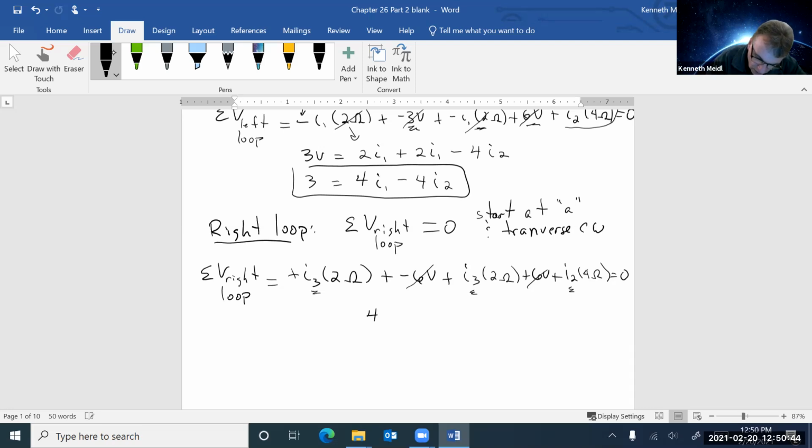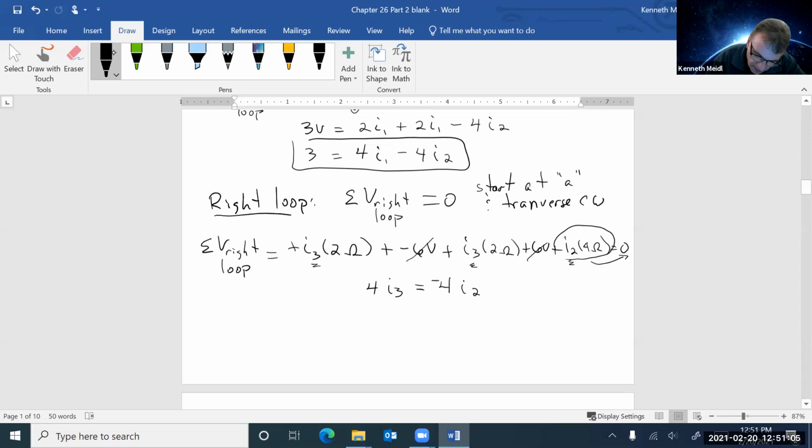So I've got 4 I3s equals 4 I2s with a minus sign. In other words, I'm going to get this term right here and also put it over on the other side of the equal sign, and so then it has a minus sign here. And so what that means, I'll get these 4s and cancel them out, is that I3 equals I2 with a minus sign.